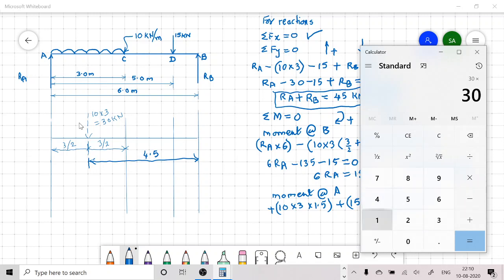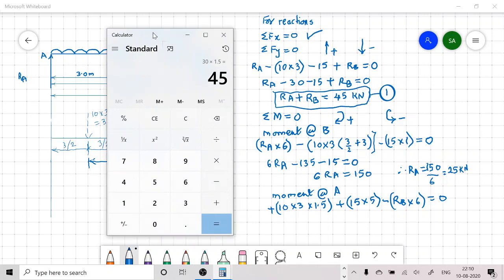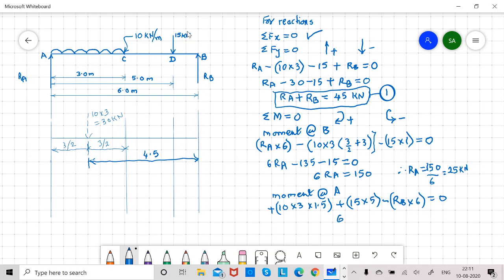So let us calculate this again. 30 into 1.5, that is equal to 45, plus 75, here it is 120. So 6 RB is equal to 120 and therefore RB equal to 120 divided by 6, that is 20 kilonewton.